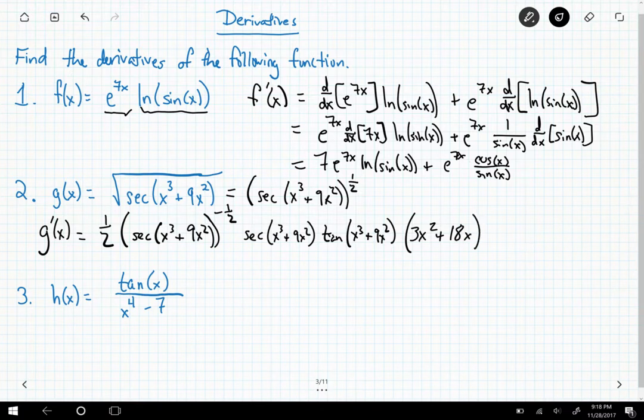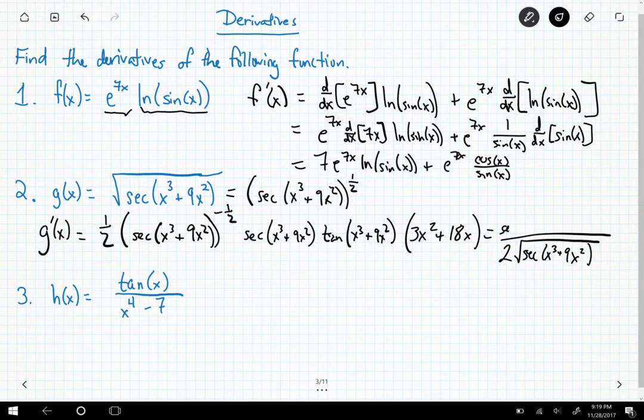Now you can brush this up if you want. It's not necessary, but some people like it that way. So if you wanted to, you can rewrite this. We can put it over one big fraction. You have a 2 down below. That negative 1/2 means it's down below. So you have a square root of secant of x cubed plus 9x squared.